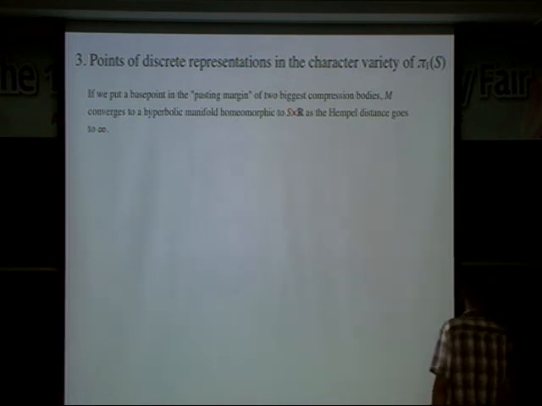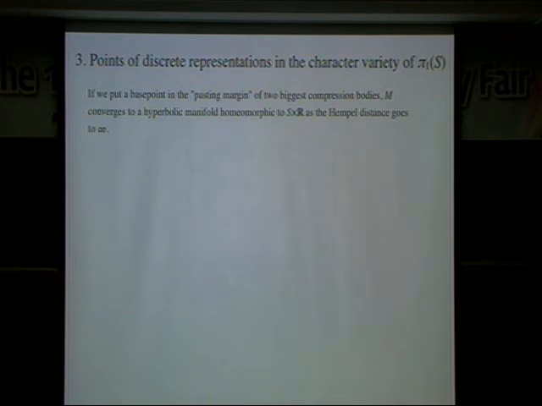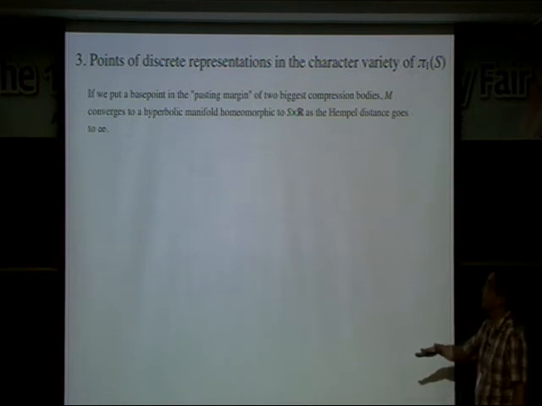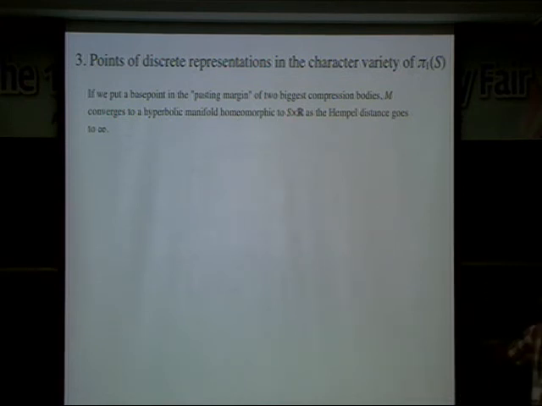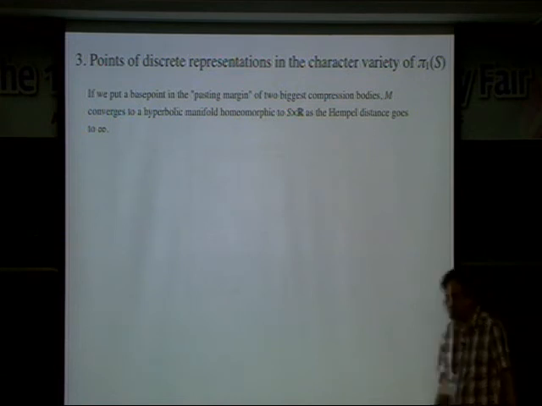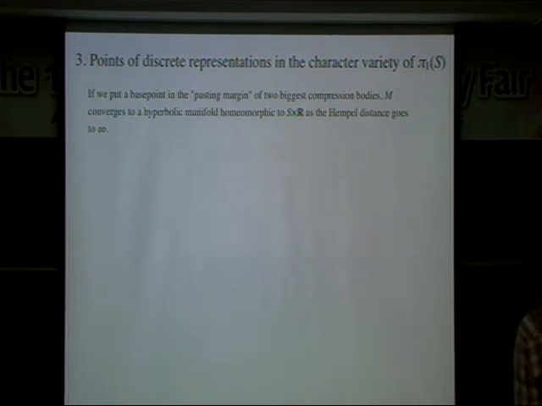Actually, we can show that if we consider a Heegaard splitting or n-bridge decomposition, any group or any hyperbolic manifold having that surface as a Heegaard splitting or n-bridge decomposition can be regarded as a point in the representation space.